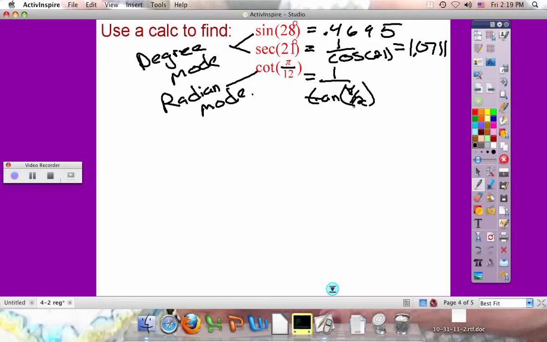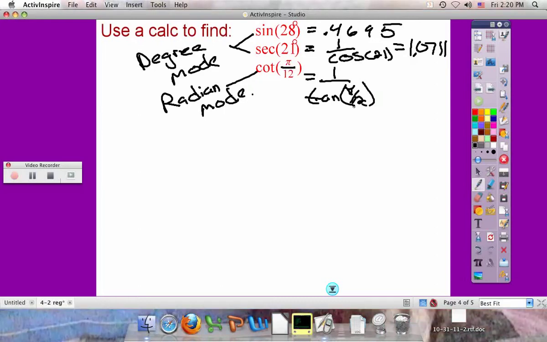But remember to change your mode to radians to do it before you begin. 1 divided by tangent of pi, put in your pi, divided by 12. Close it off, get an answer. Done. Using a calculator, nice and simple.